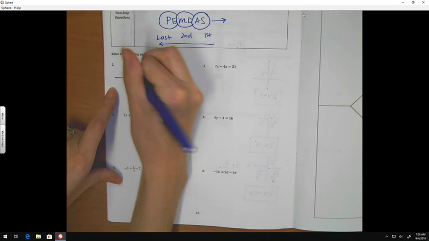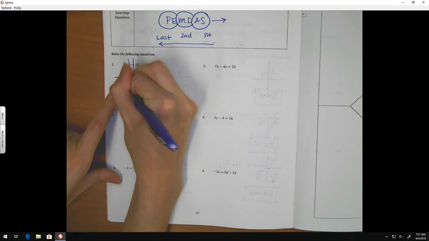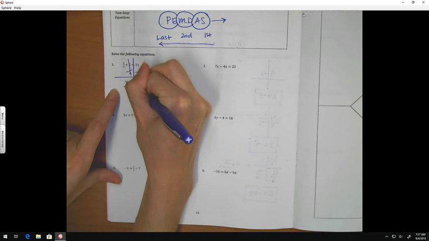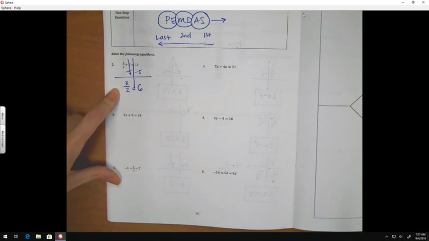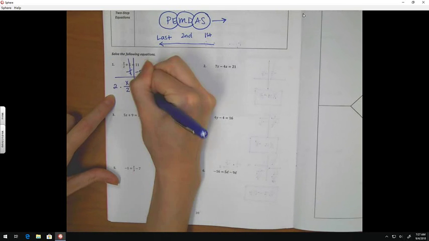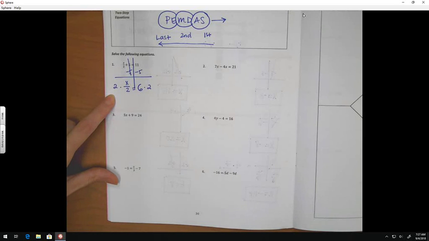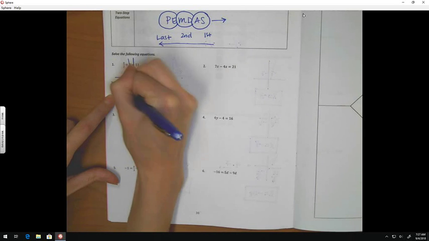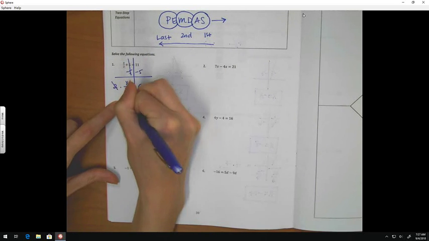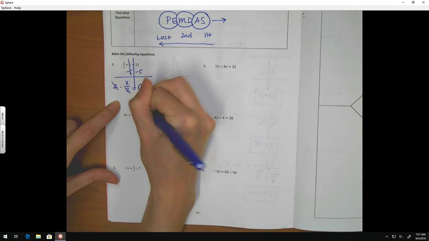Those cancel, and now we're left with x over 2 equals 6. Now we can undo the division by 2 by multiplying by 2. The inverses always cancel, and x is going to be 6 times 2, which is 12.